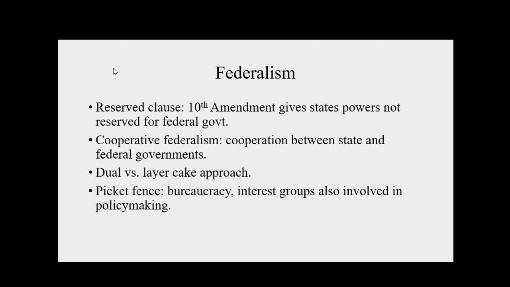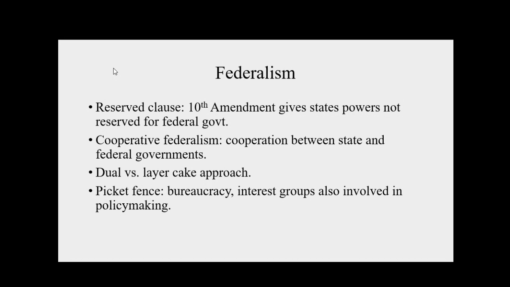And over time, as the country's grown, as the government has grown, we've seen the federal government giving power to the states, handing over control of things like education, healthcare, interstates, things like that. So it's called cooperative federalism. And the metaphor that gets used to describe this is called the cake metaphor.